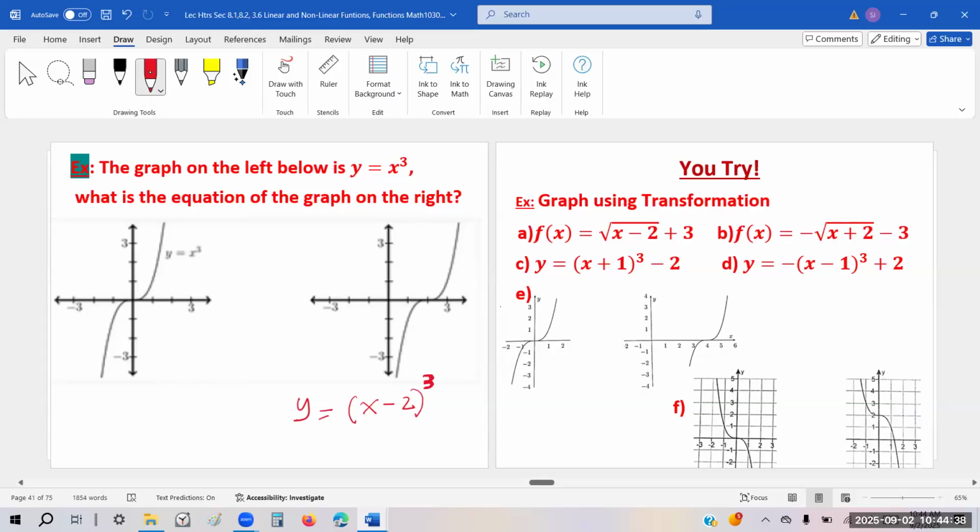Now I have a few transformations. So go ahead, try them. And if you don't see, let me point them out. This is the original one at 0, and this is here.